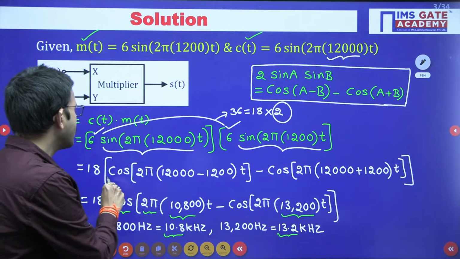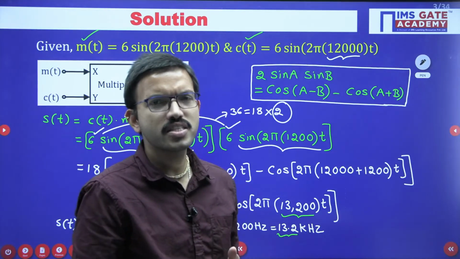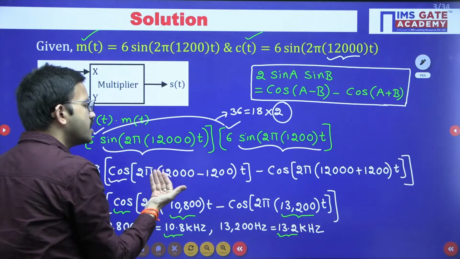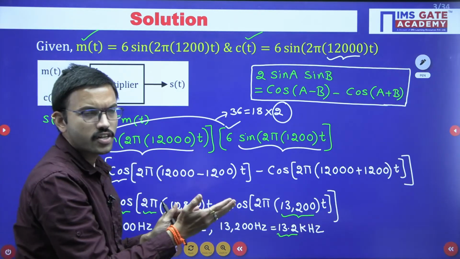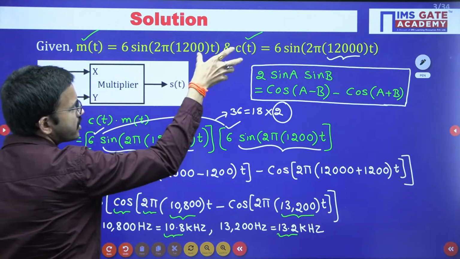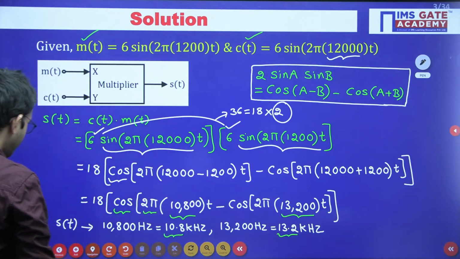But here you have a cos signal, and cos of minus theta is nothing but cos theta. It is an even function. So even if you get a minus because of the cos signal, ultimately cos of minus theta is cos theta. That's why, to make the simplification easy, I have considered c(t) first and then the message signal. I hope it is clear for everyone.